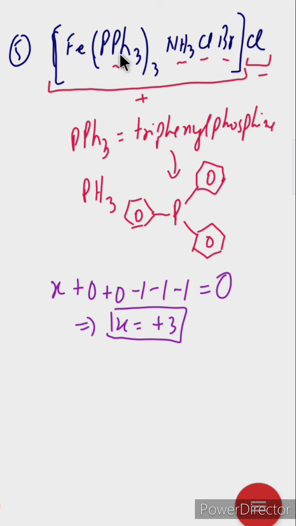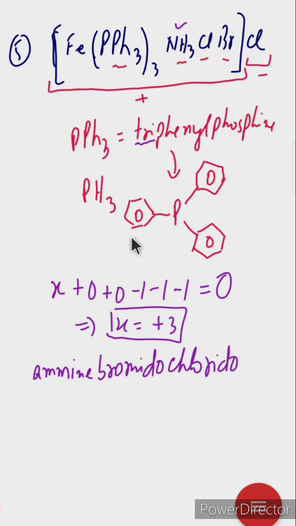In the name of the ligand triphenylphosphine, tri itself is there, so for 3 triphenylphosphine we need to write tris, not tri. And triphenylphosphine starts with T, ammine A, so we must write ammine first. So the name of the complex is ammine first, and then bromido, then comes chlorido.